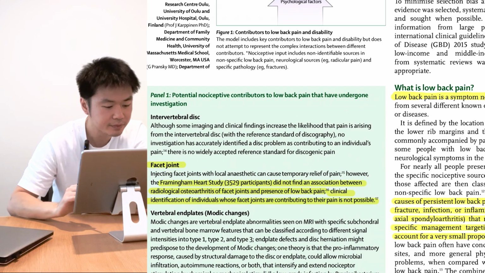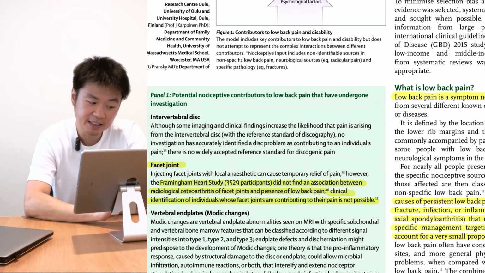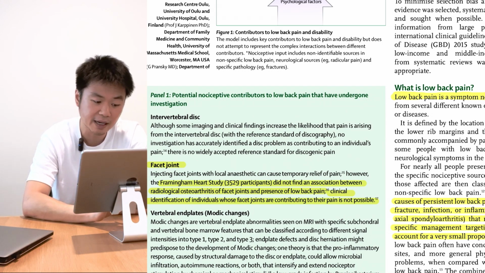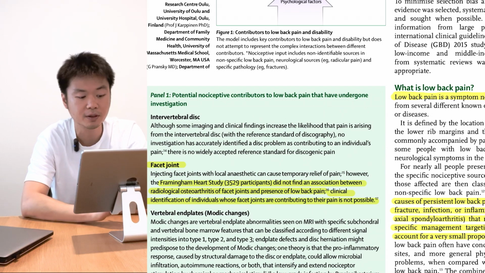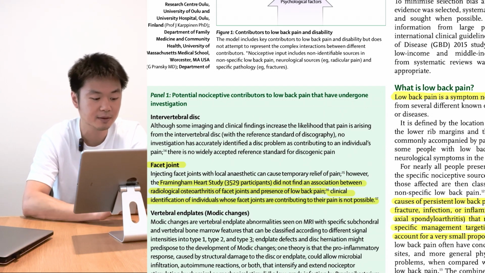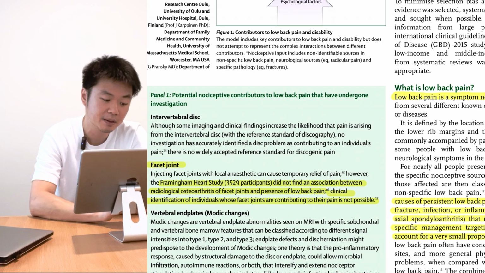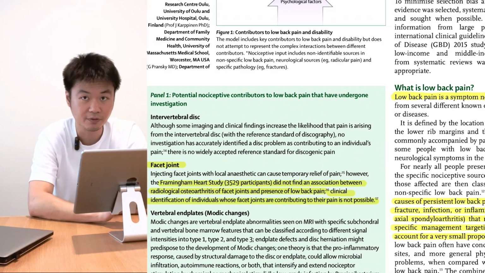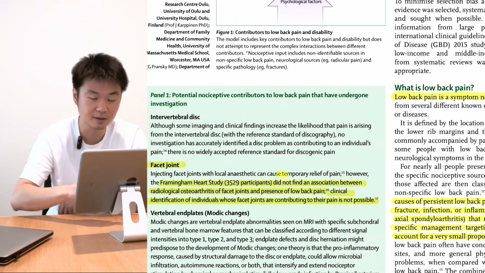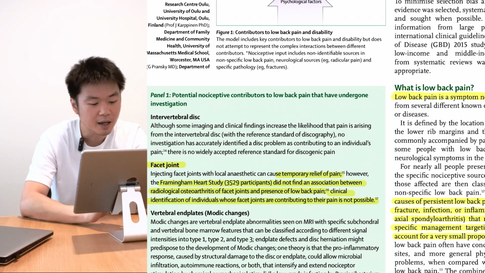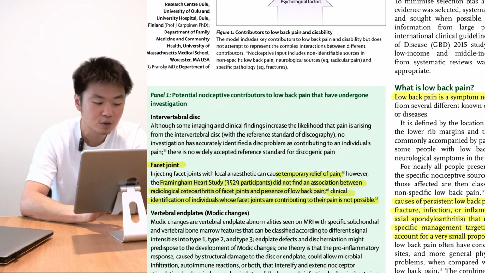Facet joint. It says that injecting the facet joints with local anesthetic can cause temporary relief of pain. However, the Framingham Heart Studies, which is just a very good study, did not find an association between radiological osteoarthritis of facet joints and presence of low back pain.